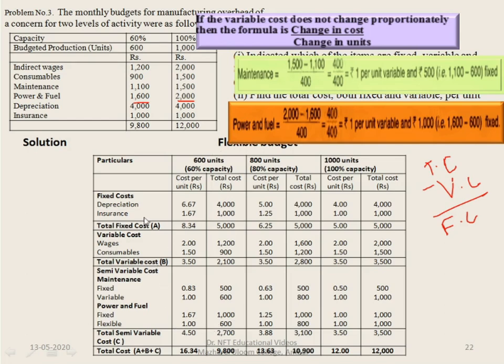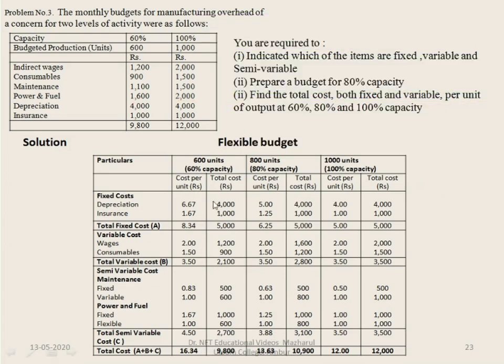Then you add up the total fixed cost, total variable cost and total semi-variable cost. You get the total cost for the product at three different levels, that is for 600 units, 800 units as well as for 1000 units.